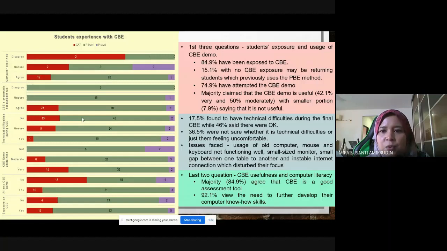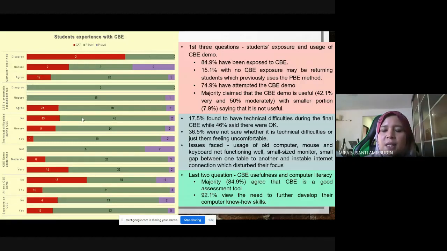84.9% have been exposed to the CBE, because the students have experience with the CBE during the first stage of the ACCA, which is the CAT. 15.1% had no CBE exposure. 74.9% have attempted the CBE demo, because the ACCA provides a demo for the students before they sit for the real exam.